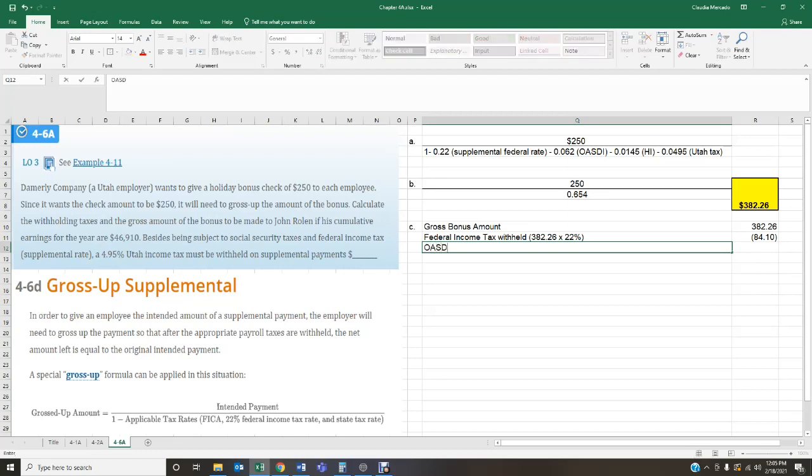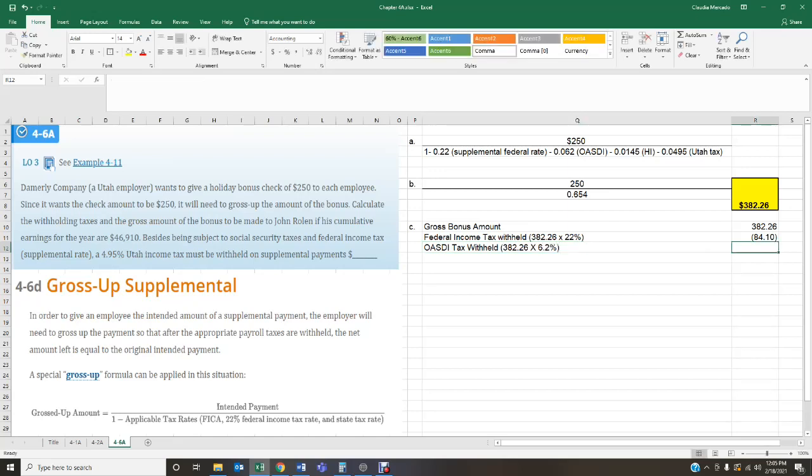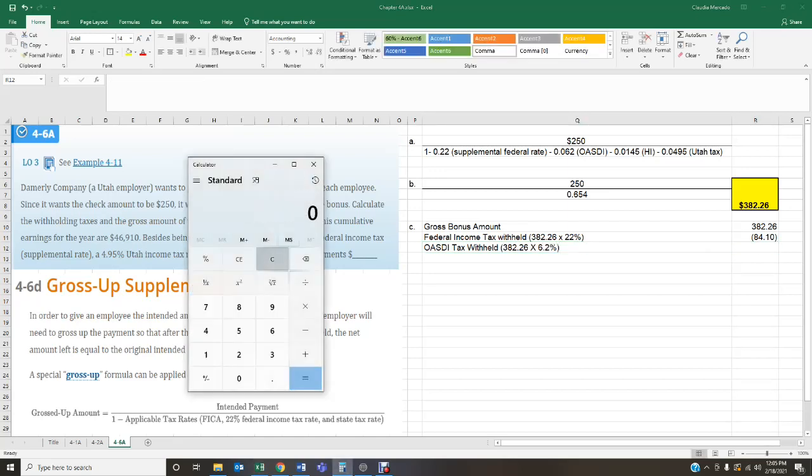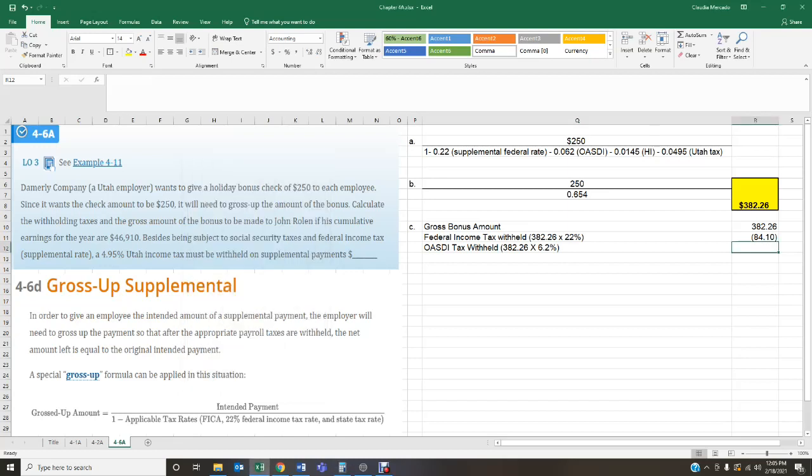Then we have OASDI tax withheld, and that's going to be the 382.26 times 6.2%. That gives me 23.70.